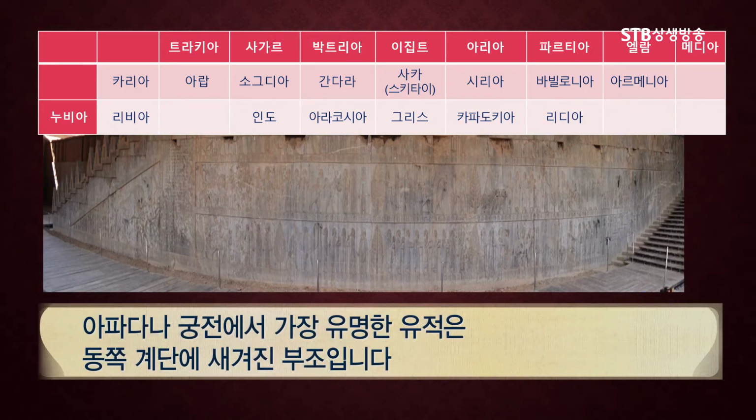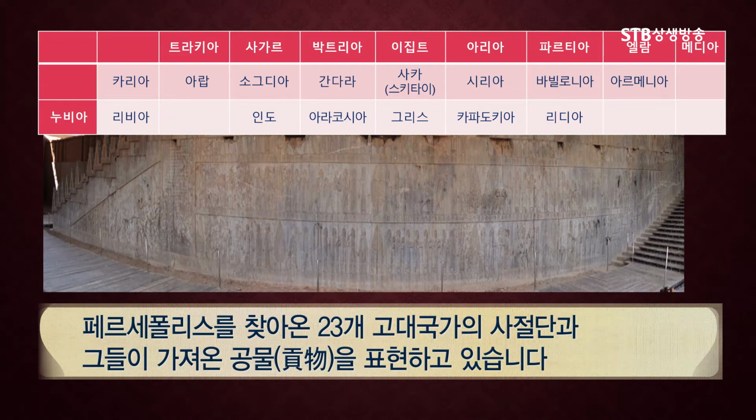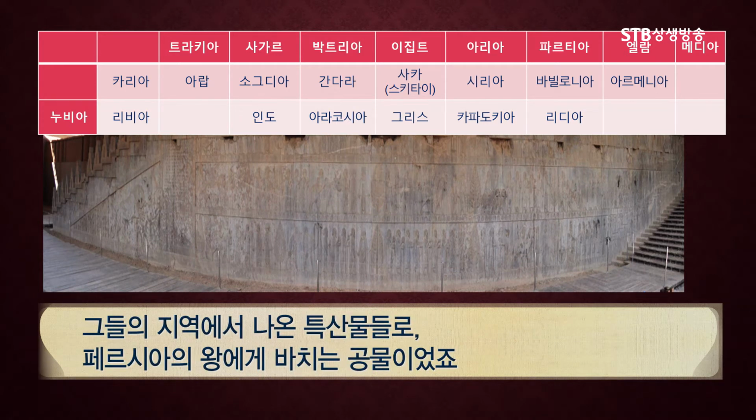The most famous part of Apadana is the eastern staircase. On the eastern staircase of Apadana Palace, we have reliefs of all 23 different nations who came to Persepolis and brought gifts. According to the reliefs, you can see that they are carrying their special souvenirs as a gift to the king.